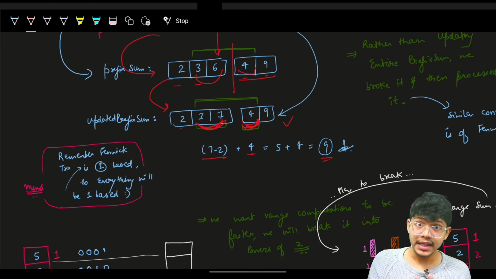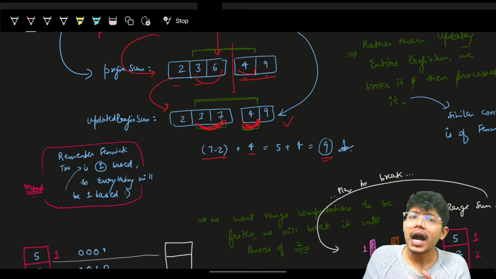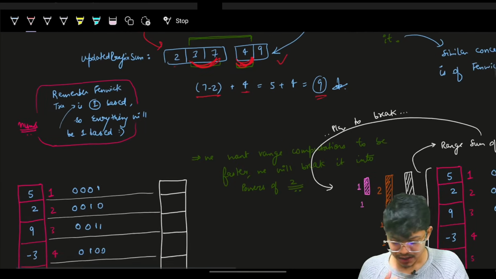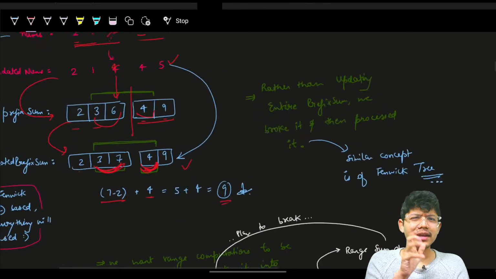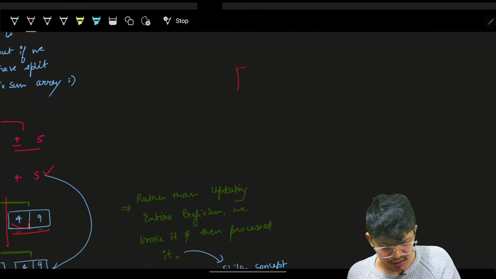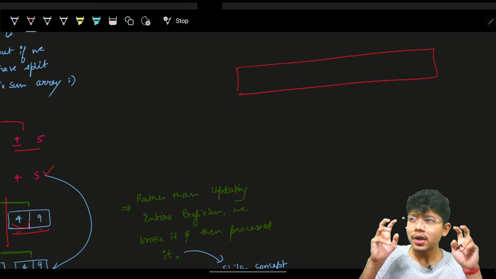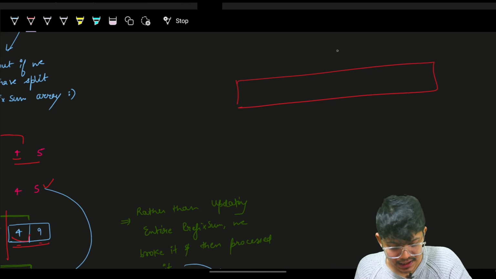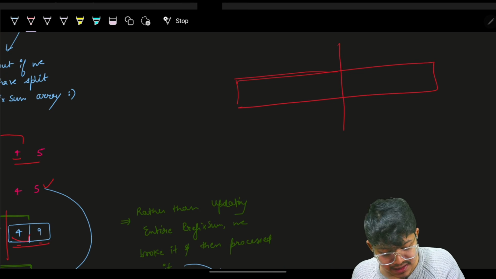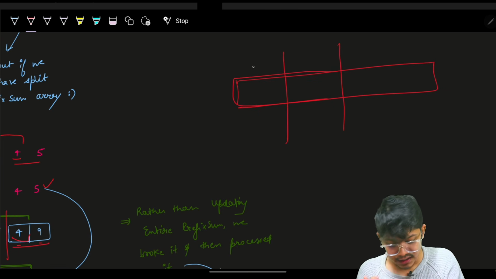Because how you break will define how much optimization you can have in the time complexity of the specific range sum which you will get. So now my thought, okay, breaking is a very standard phenomenon, and we have seen many such videos of people breaking in half, and then whatsoever is remaining, we again break in half, then again break in half.